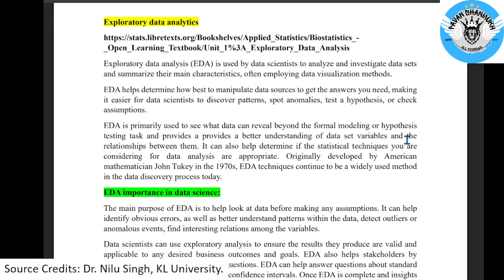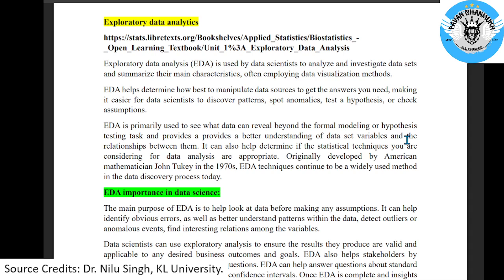Okay. So modeling the data is like going beyond the formal modeling. Formal modeling or hypothesis, both are the same, no need to get confused. We are just going into a different terminology of defining the words or the situations or the context. That's it.